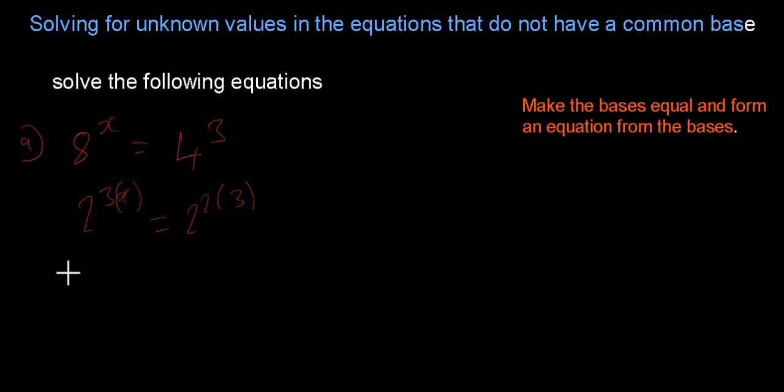So we have 2, when we multiply this, we're going to have 3x is equals to 2 to the power 6. Okay, so the bases are the same. Now we can solve for this particular equation.